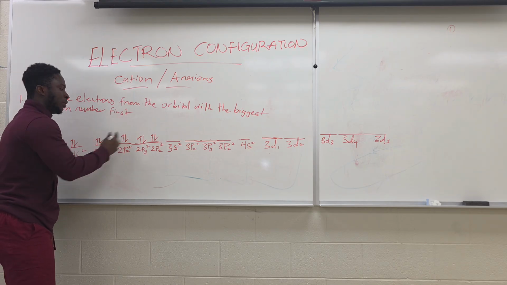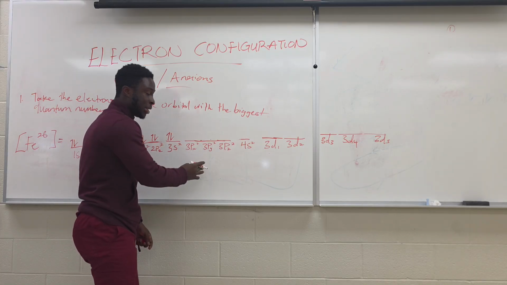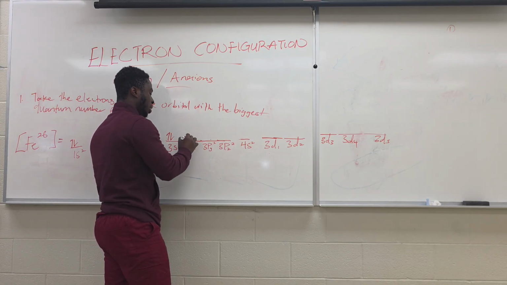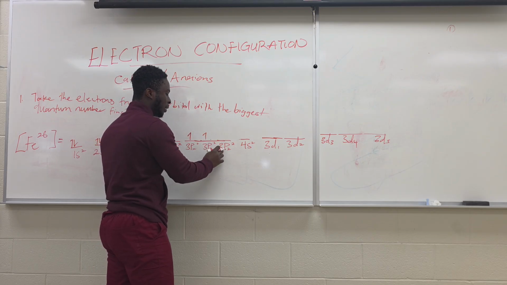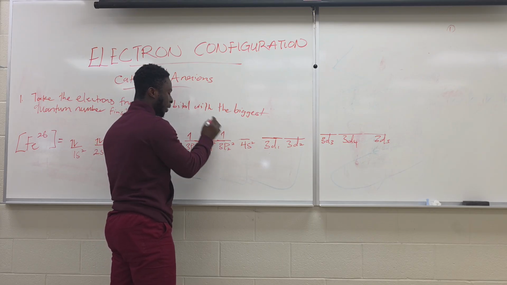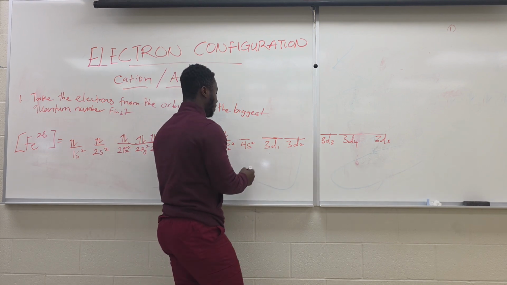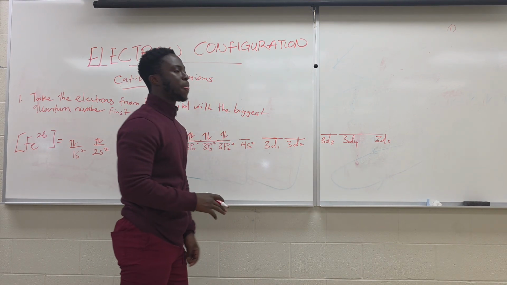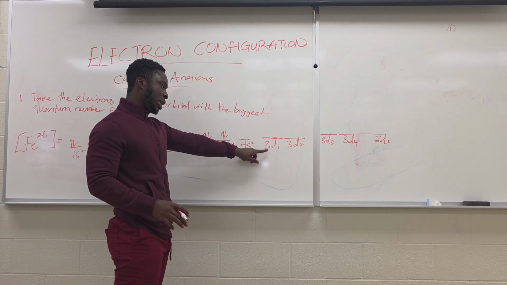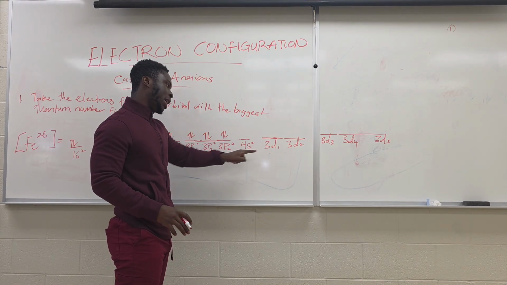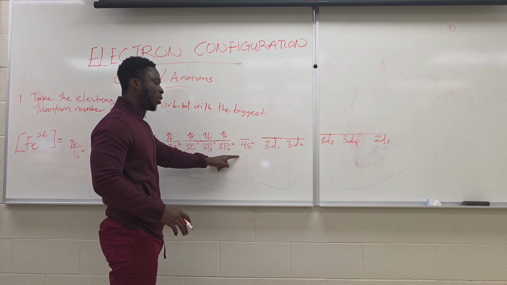So from here we go to our 3s. We fill our 3s. Same thing applies to the 3p. So 3px gets 1, 3py gets 1, 3pz gets 1 before we come around to fill it up like this. We go to 4s. Now you would say that the 3d number is smaller than 4s, so why don't we fill 3d first before we come to 4s?